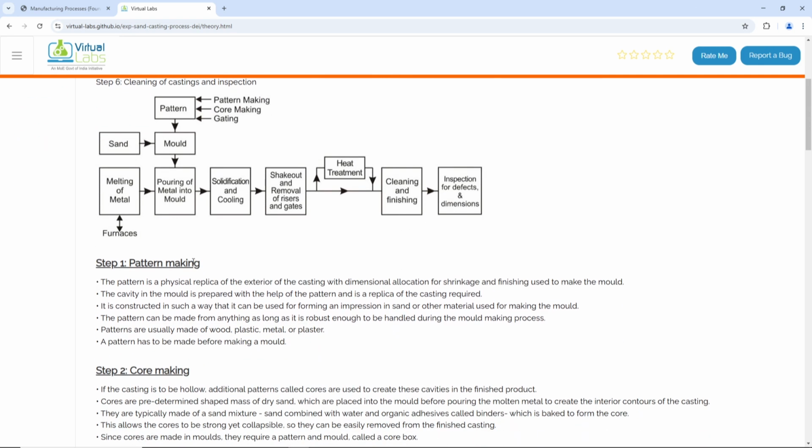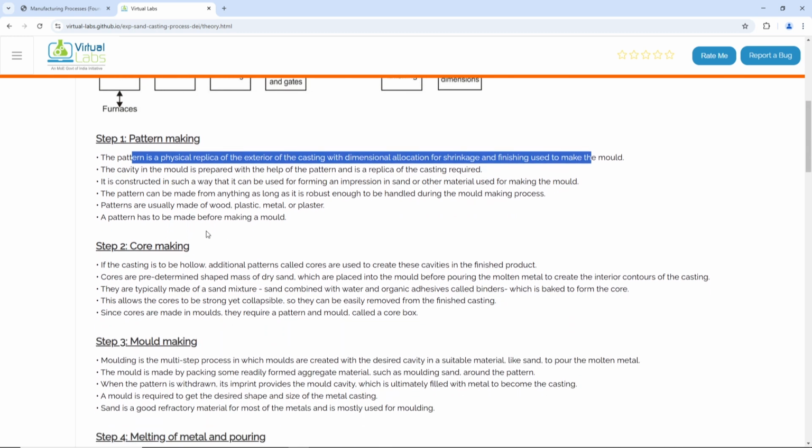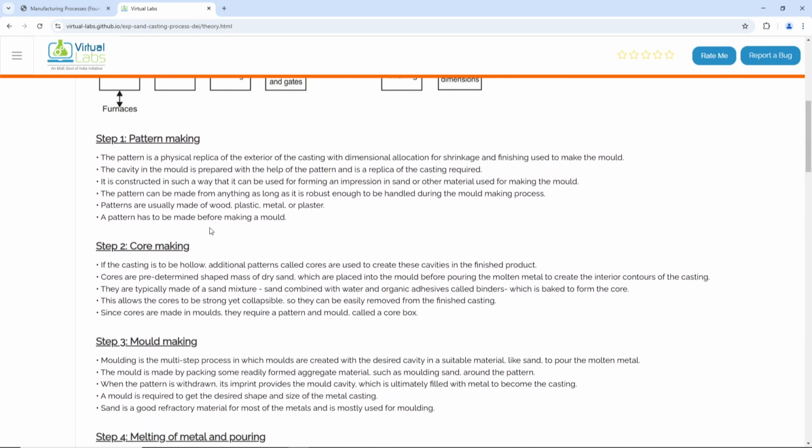First step is pattern making. The details of the pattern making we have discussed in the previous lectures. I will not go through the whole theory here. Pattern making is a physical replica of the exterior of the casting with dimensional allowance for shrinkage and finishing, used to make the mold. Then core making; pattern is the overall body.